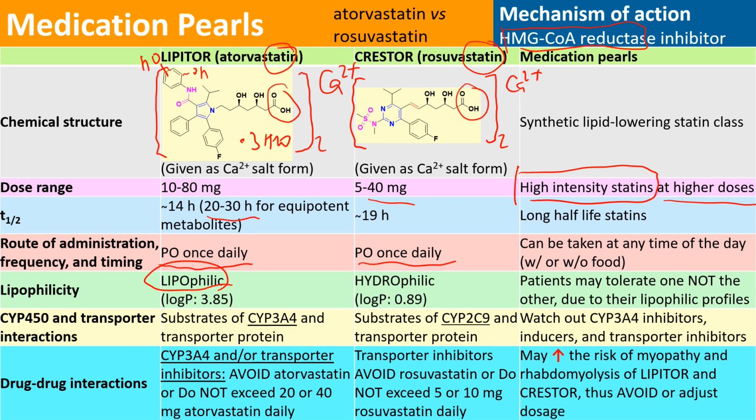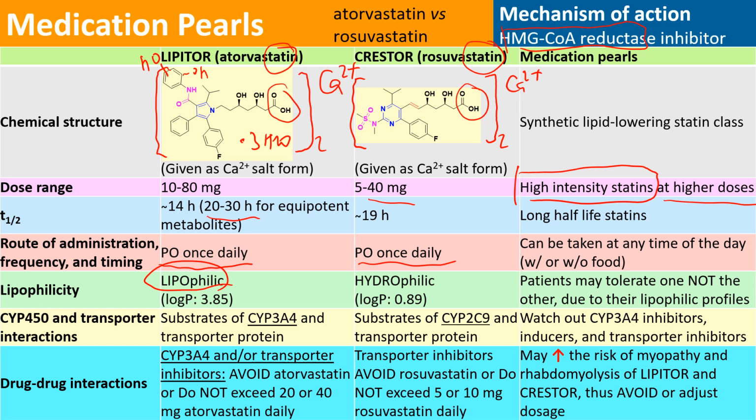Given they have different lipophilicity profiles, patients may tolerate one and not the other, because of their different physicochemical properties. For example, if patients cannot tolerate atorvastatin, they might be able to switch to rosuvastatin with a better tolerability profile.